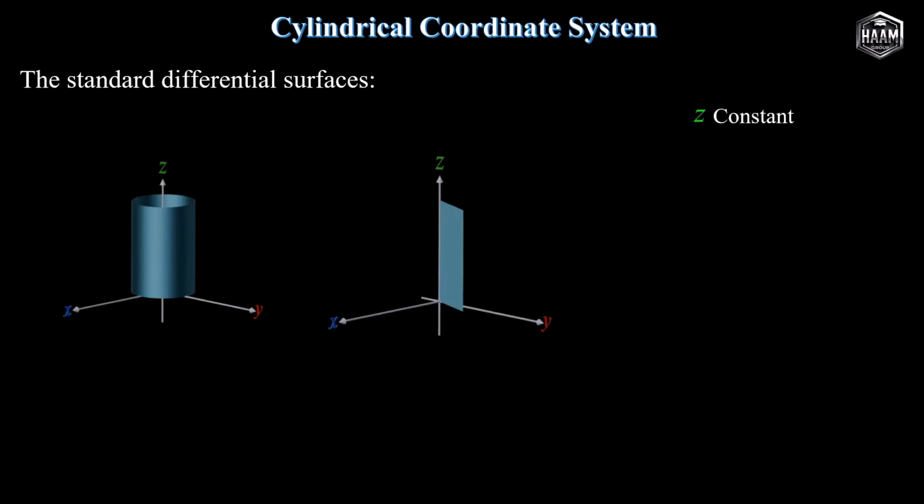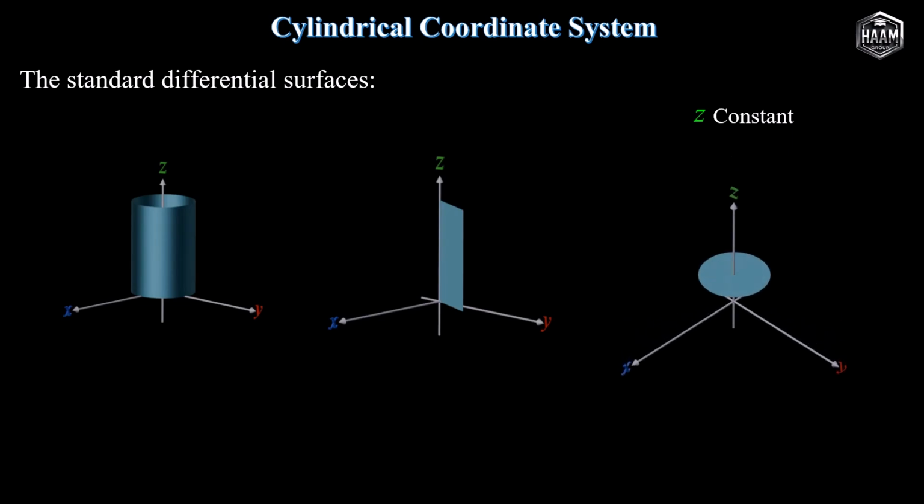Finally, the last surface, constant z. Again, consider the point. Here we cannot introduce any change in height, but we can change the point's distance from the z-axis and introduce an arc around the z-axis. So we create a line by varying r, then rotate this line around the z-axis to form a disk.